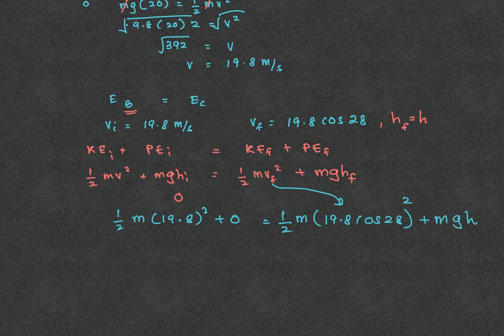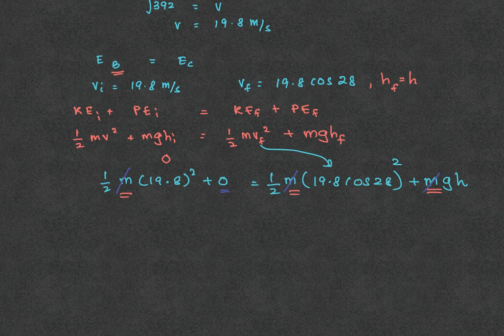Now look at this, we have m common in this term, m common in this term, and m common over there, so I can cancel m out because it's common everywhere.